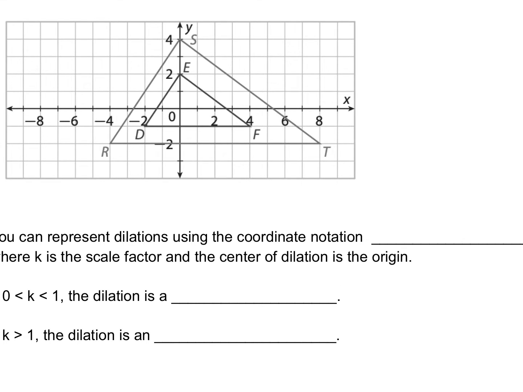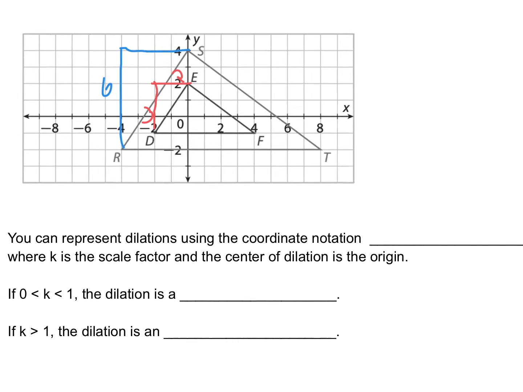On this page, if we check out the sides, this one is 1, 2, 3, and this one is 1, 2, 3, 4, 5, 6.